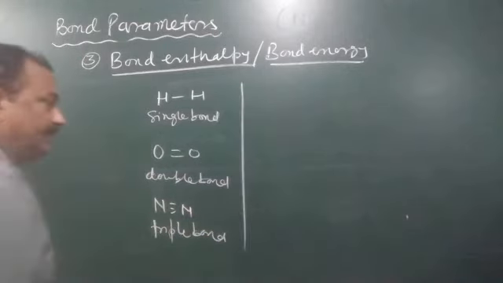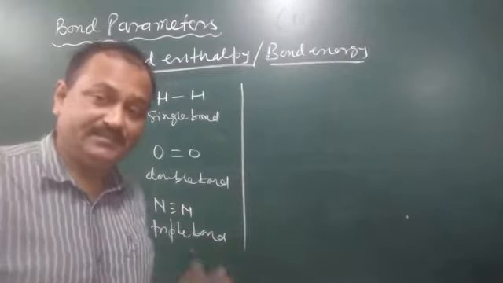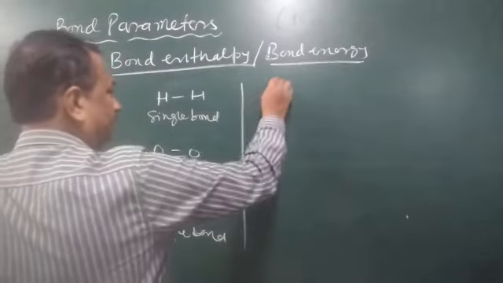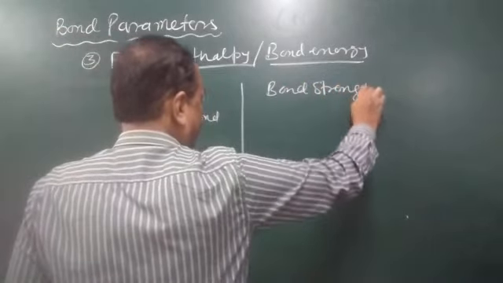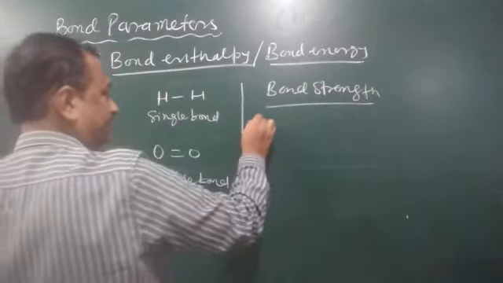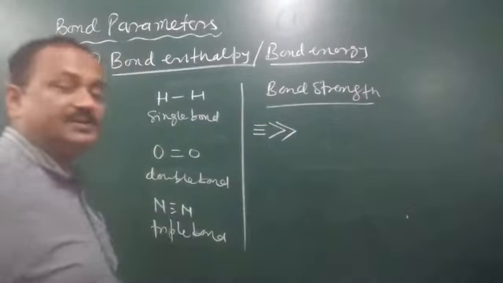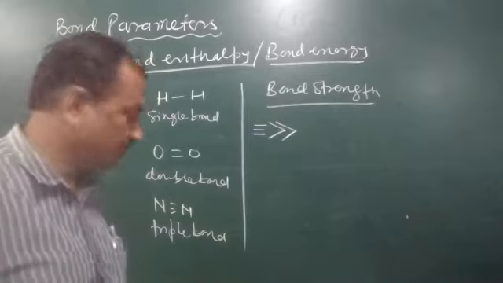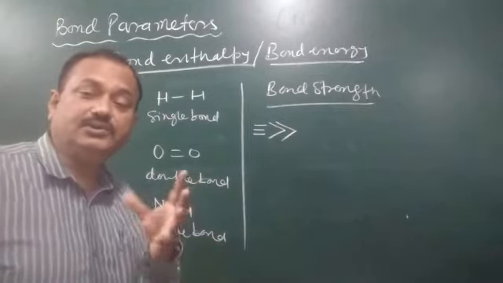Now I will tell two points. One, the bond strength varies. The triple bond is the strongest. Why? Because there are 6 electrons involved between 2 atoms, and so it is very strong.